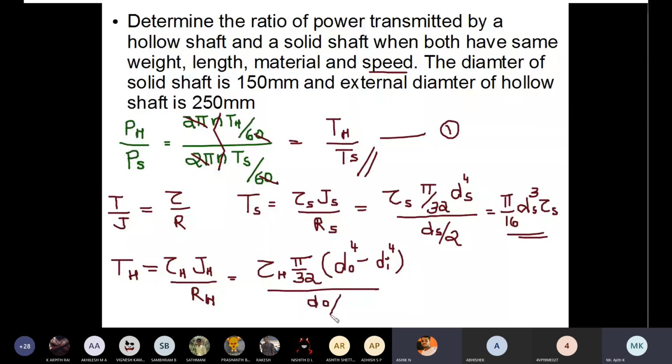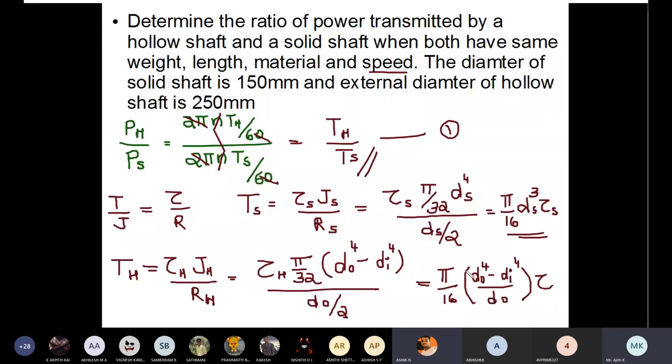You can refer to the previous problem. When you simplify, you will get pi by 16 into d naught to the power 4 minus di to the power 4, divided by d naught, into tau.